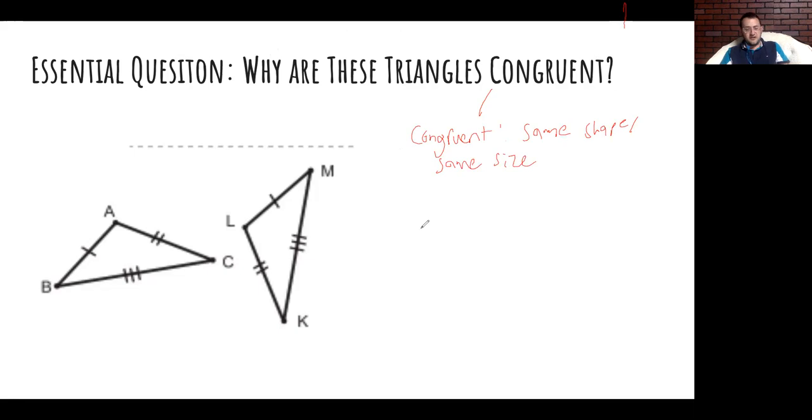So I could ask an elementary schooler, do these triangles look the same? So we want to move from they look the same to the sides are congruent.